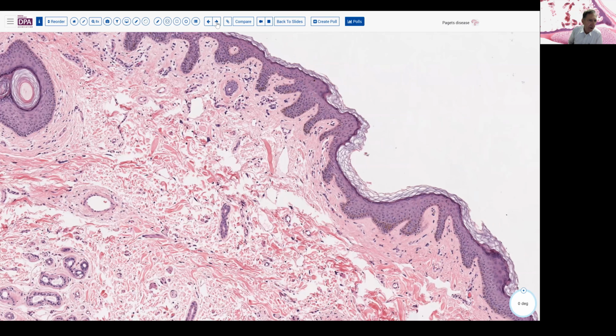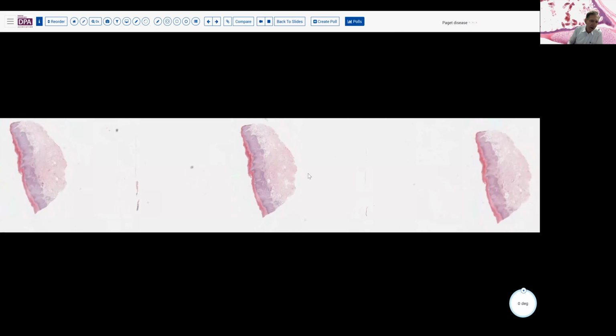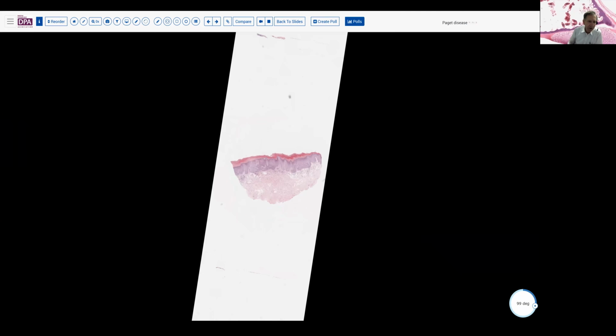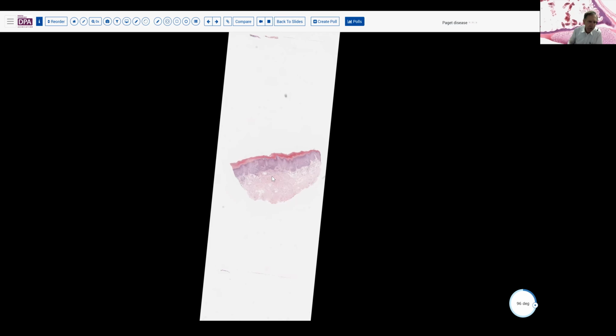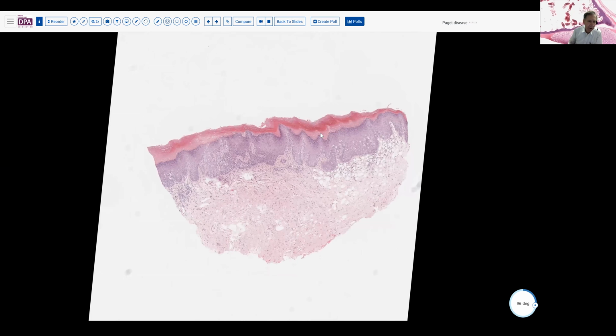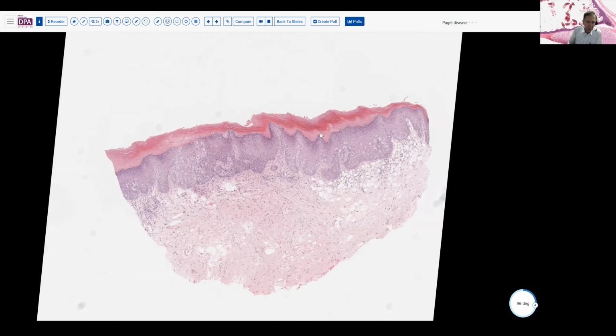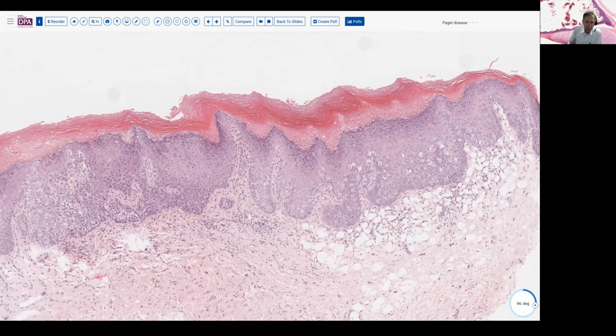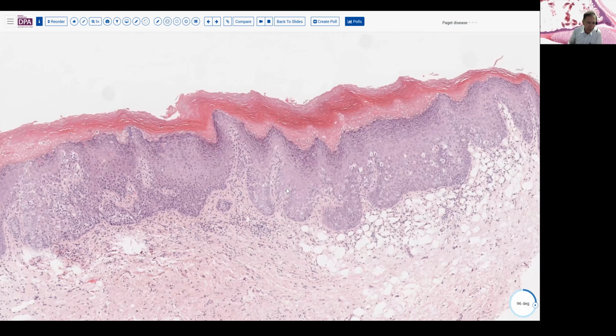We'll go on to show the next slide, which is also Paget's disease. And this illustrates another pattern that we can see, which is marked hyperkeratosis. You can see here at low magnification, we have a very thick layer of hyperkeratotic cells. Now, in this situation, we can identify this upward migration of some of these cells maybe a little bit more easily.